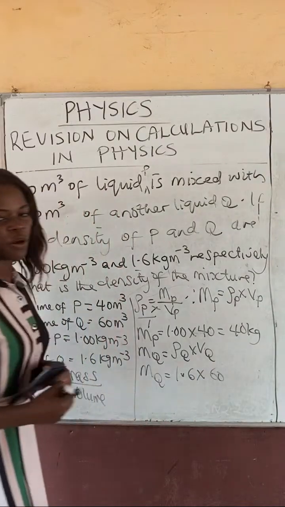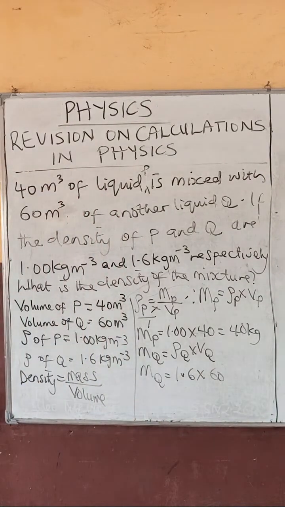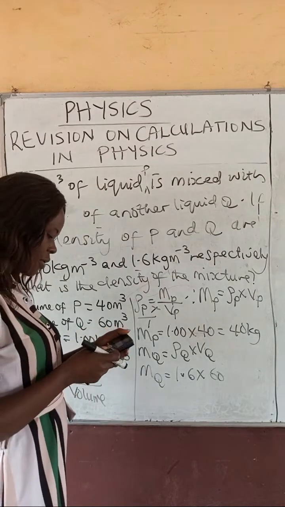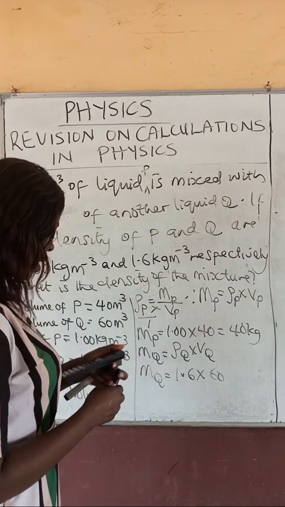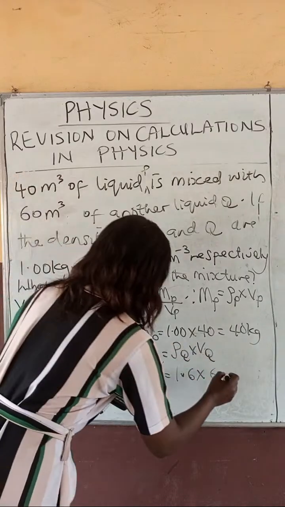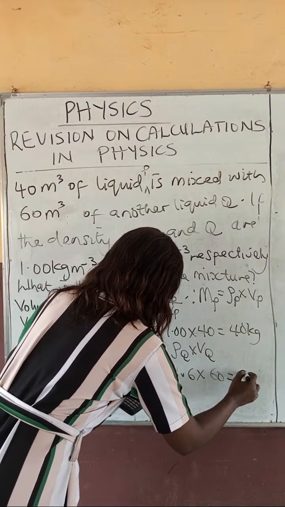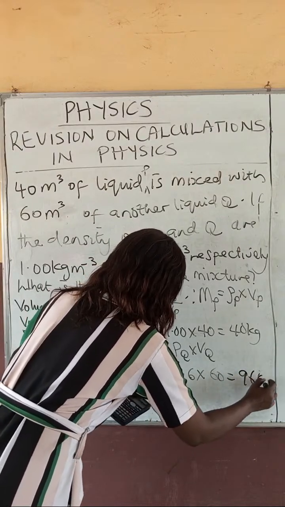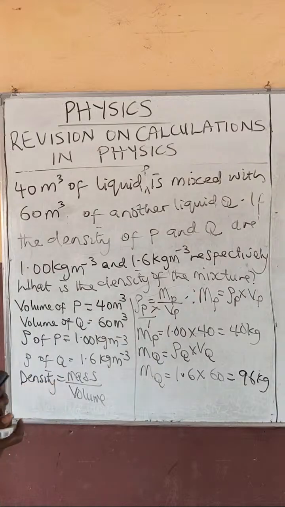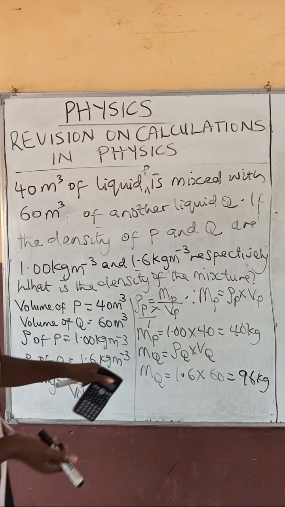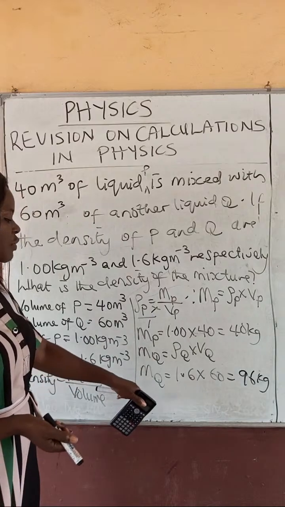When I multiply 1.6 by 60, I have 96. So the mass is 96 kilogram. Now I've gotten the mass of liquid P and also the mass of liquid Q.